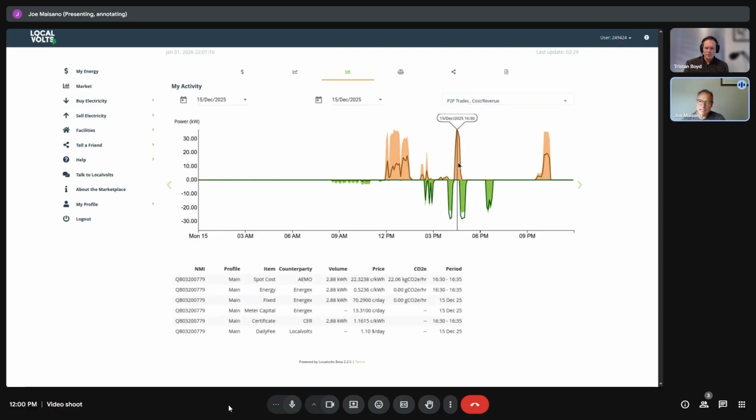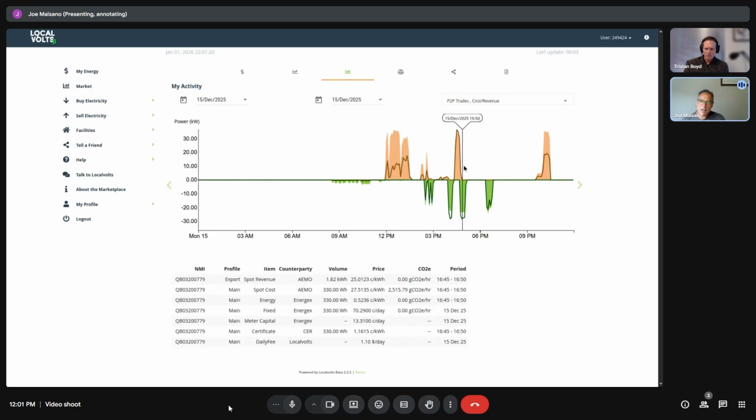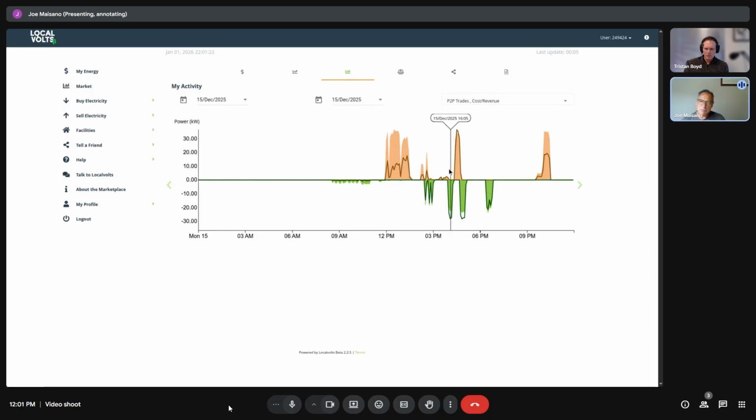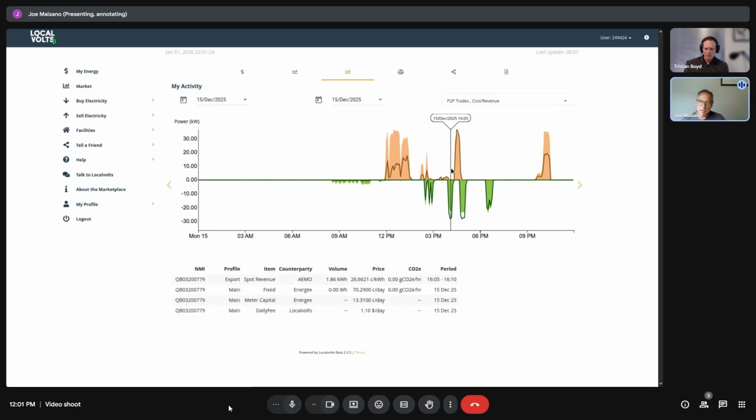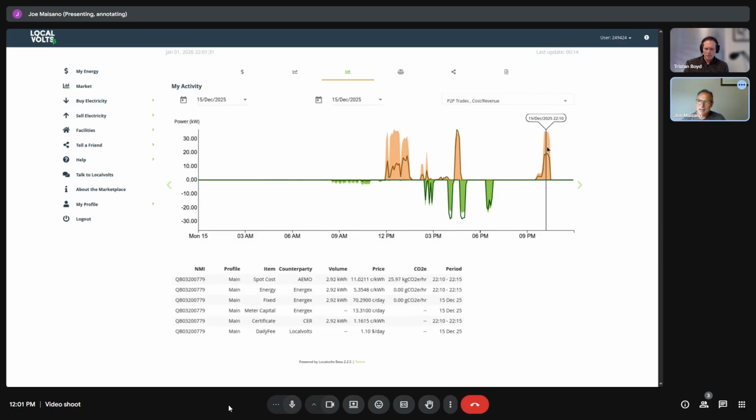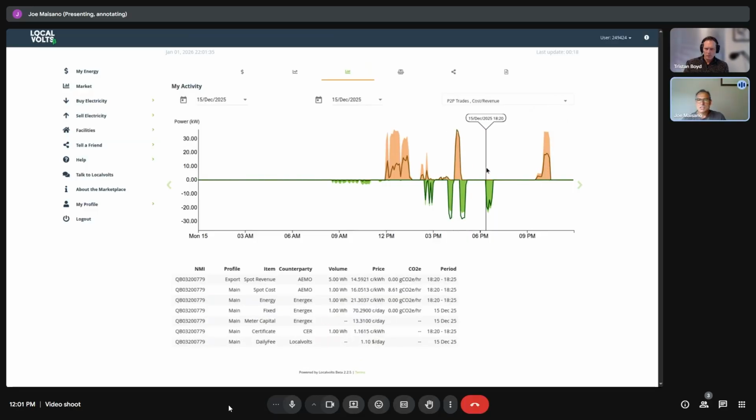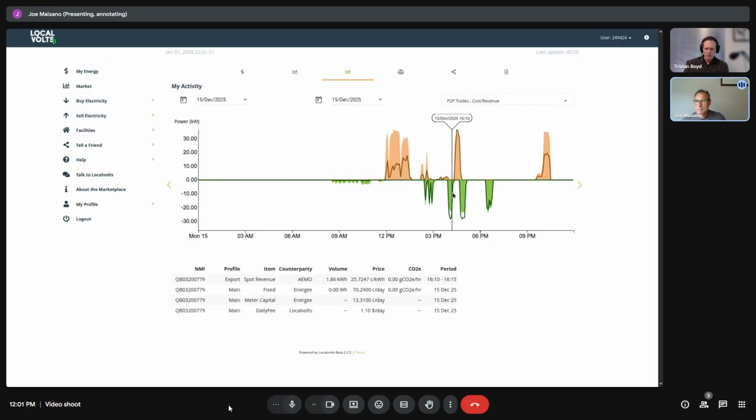So essentially, we can see that it's been exported at around the same price as the import. There doesn't seem to be a massive arbitrage going on this particular day, but it just does seem to be some sort of control decision being made, where they're basically reacting when price is going negative.